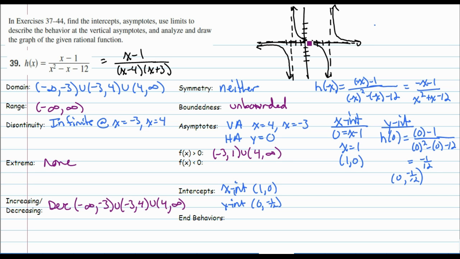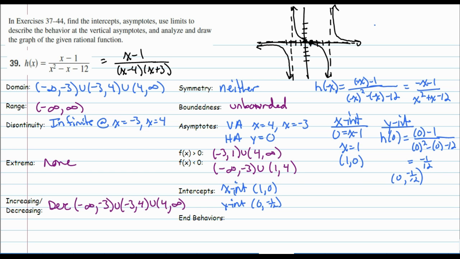Those are the pieces of the x-axis that produce positive y values. Now the pieces that produce negative y values, where the function would be below the x-axis, would be from negative infinity until the vertical asymptote at negative 3. Then from 1 to the other vertical asymptote at 4.